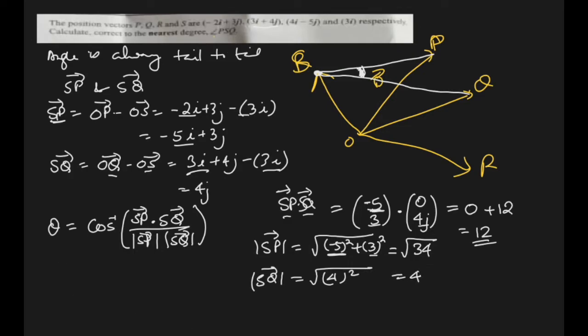Now we will find theta: cos inverse of 12 over 4 square root 34. I will use my calculator to find this, and I get 59.03. They say correct to the nearest degree, so it will be 59 degrees.